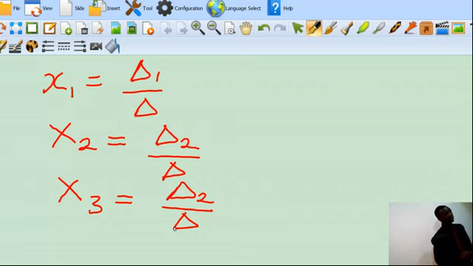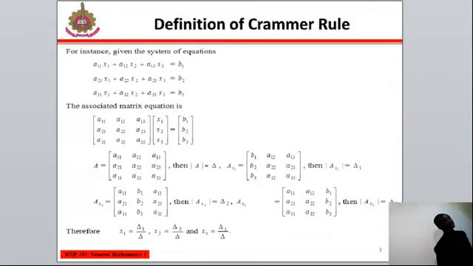If you are given a question to solve, all you need to do is to make use of the procedures that you have just done now to obtain your values. So let's go back to the slide.